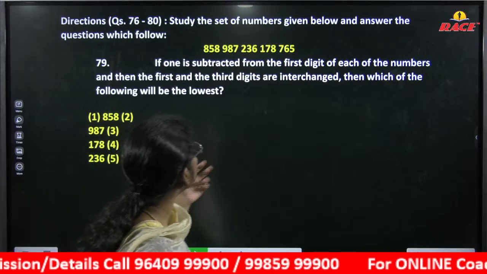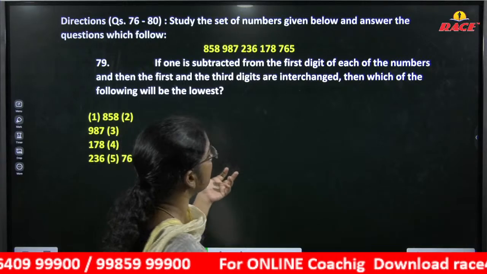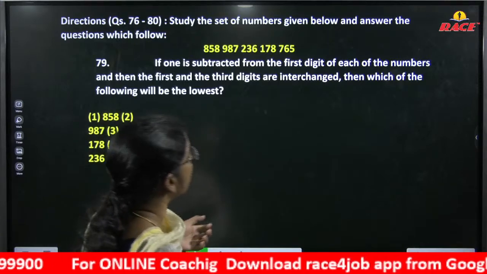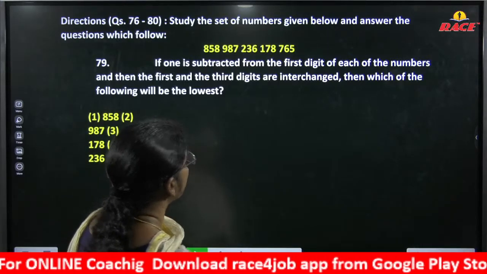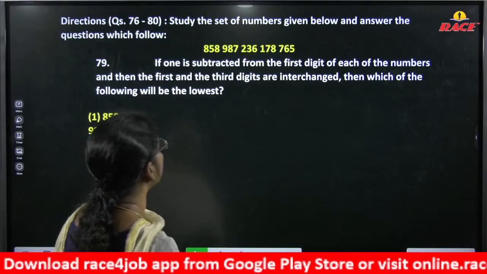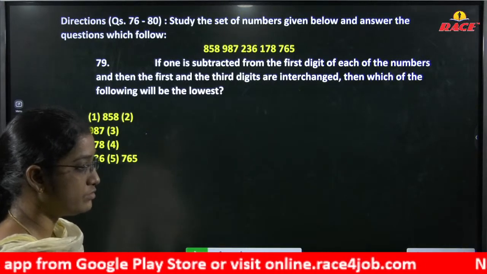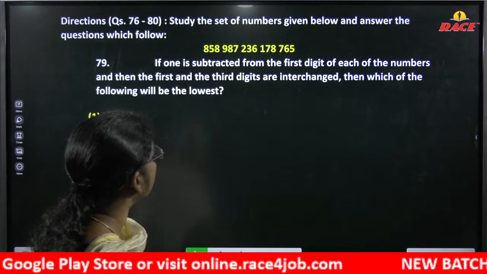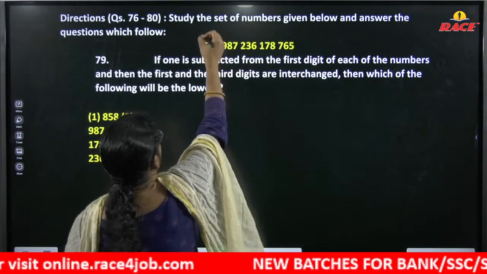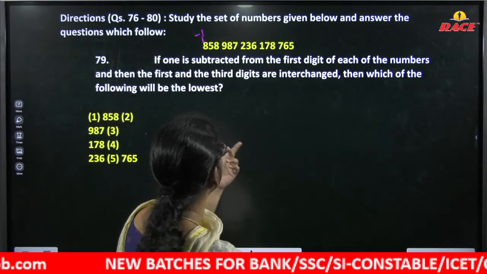Then, if 1 is subtracted from the first digit of each number and then the first and third digits are interchanged, which of the following will be the lowest? So 1 is subtracted from the first digit, and then the first and third digits are interchanged.